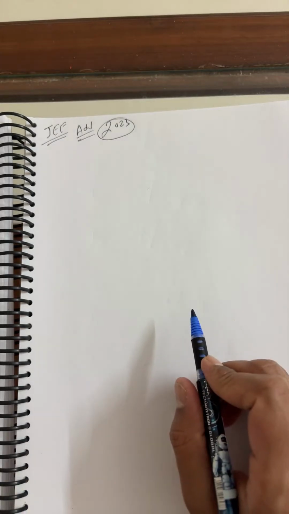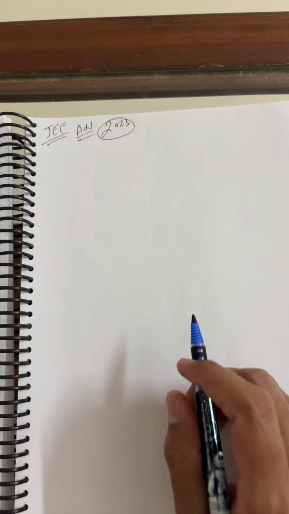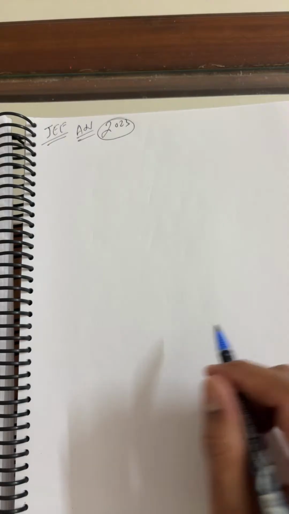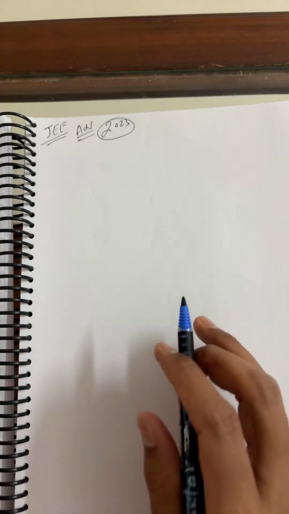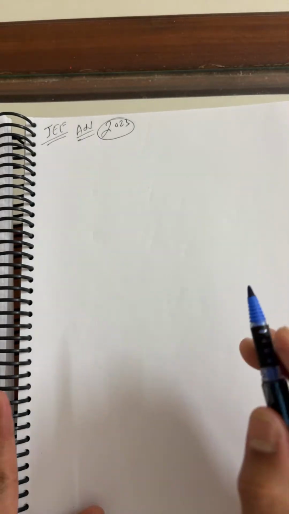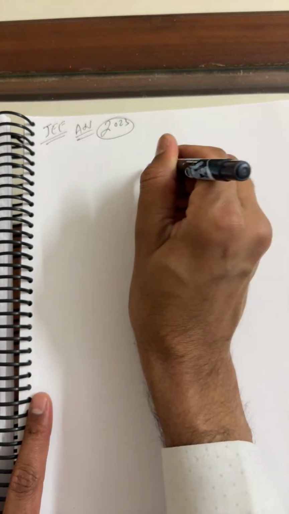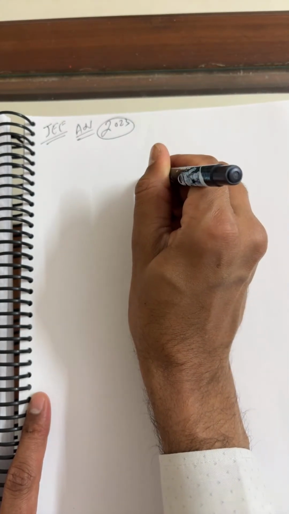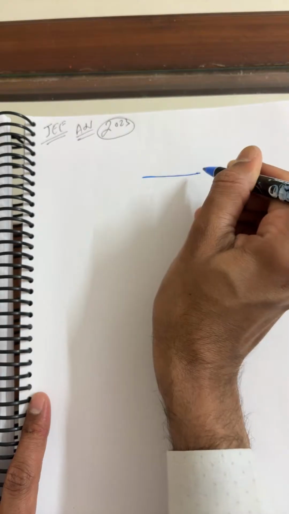Two point-like objects of masses 30 gram and 20 gram are fixed at the two ends of a rigid massless rod. I'll read the question and make a diagram here. There is a rod, already mentioned in the question.